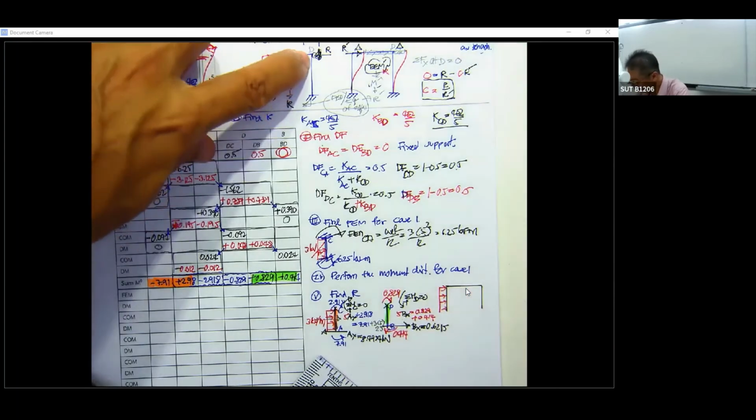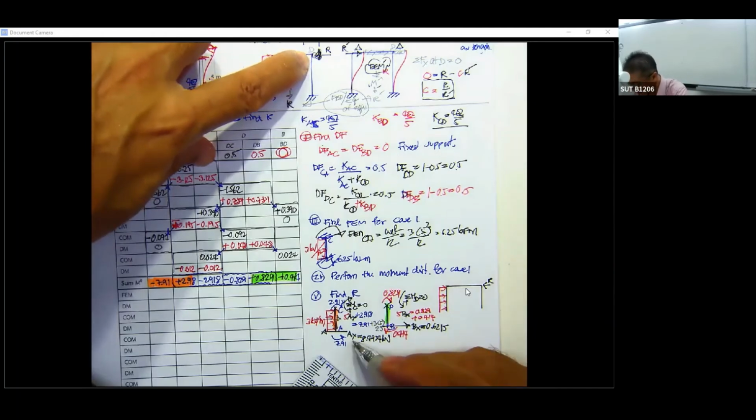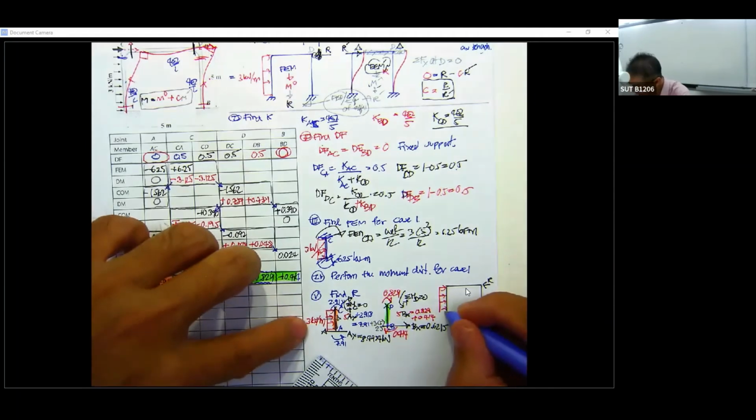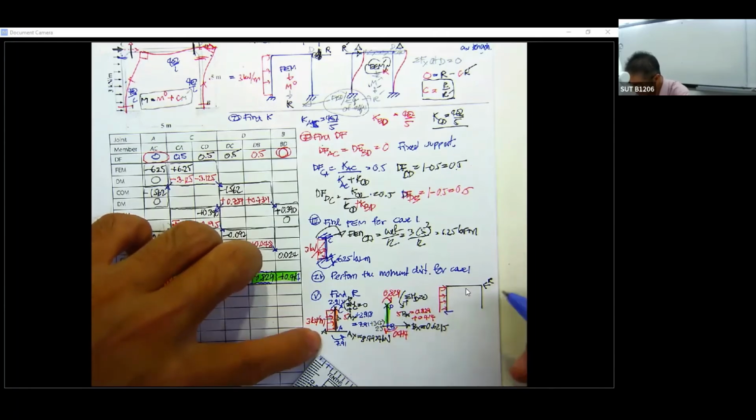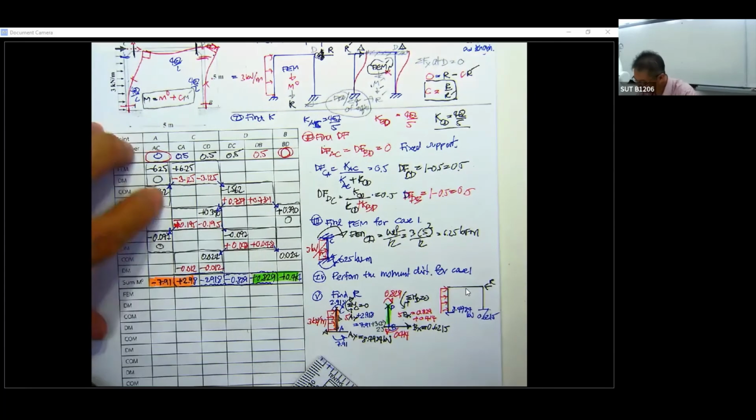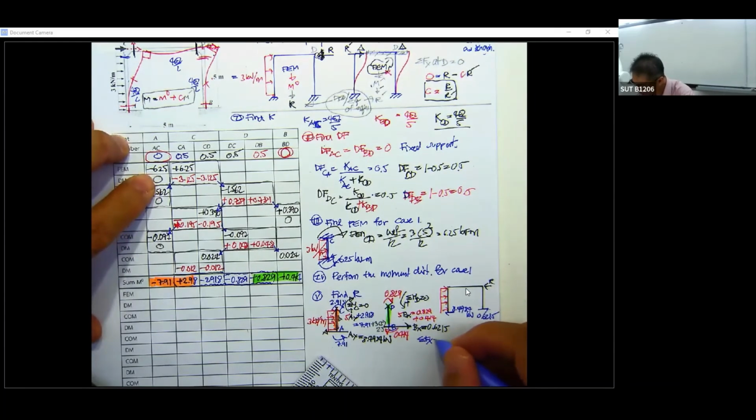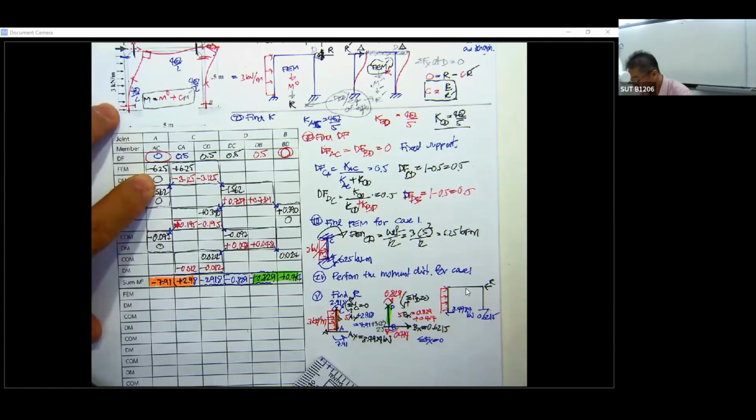And then this one is going to be the force R, and we have the A sub x here, which is 8.4984 kilonewton, and this one in the opposite direction is 0.6215.